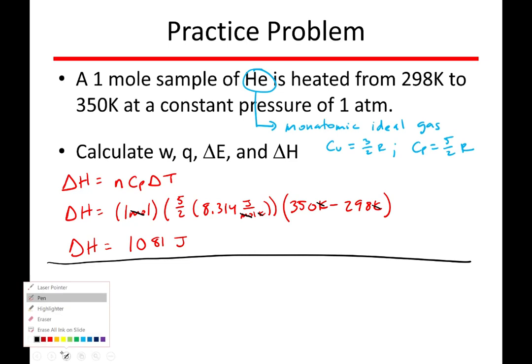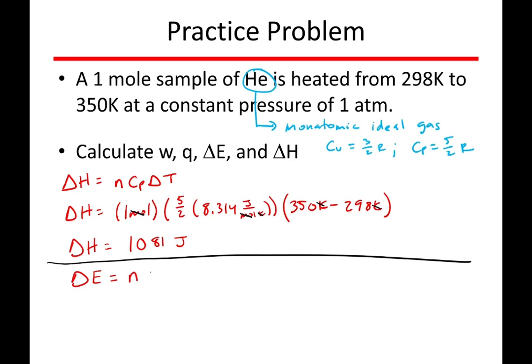Next, we can look at delta E. Delta E, as discussed in great detail over the first part of this presentation as well as the last video, no matter what the pathway is, is N CV delta T. It's always the constant volume heat, even if it doesn't occur at constant volume.